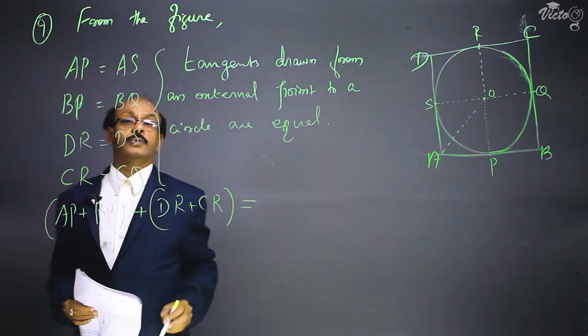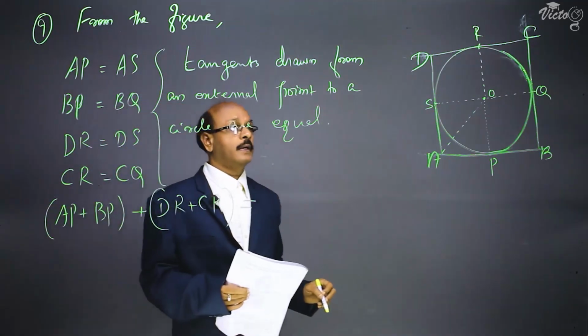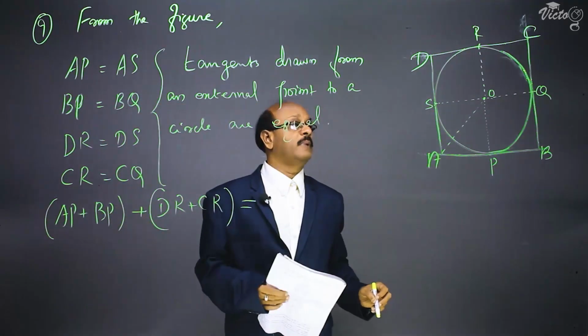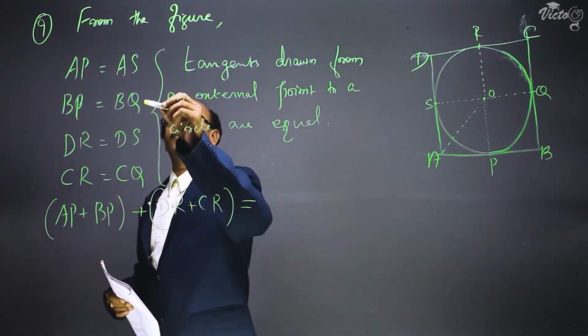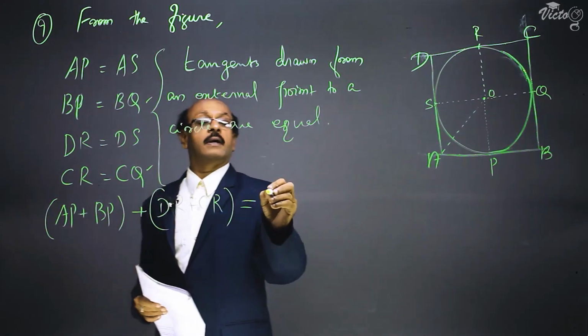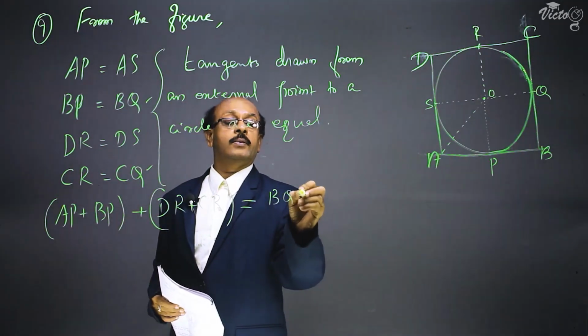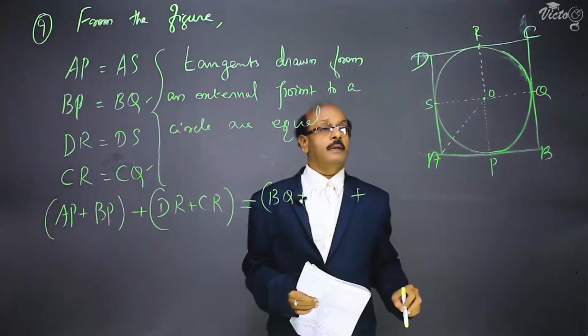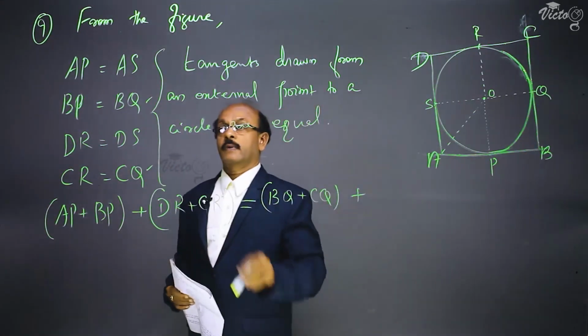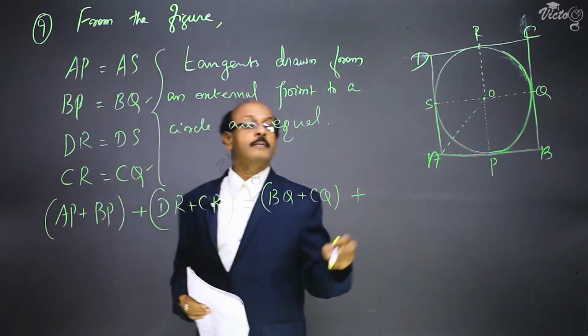Which is equal to opposite side AD or BC. BC is equal to BQ plus CQ. We are rearranging it as BQ plus CQ, now plus AS plus DS.